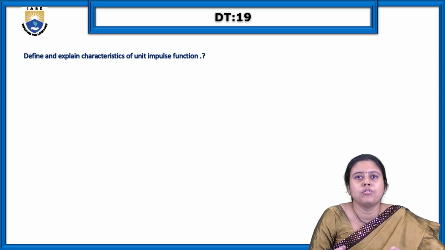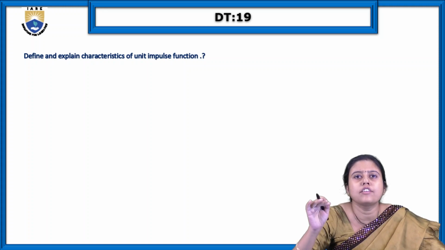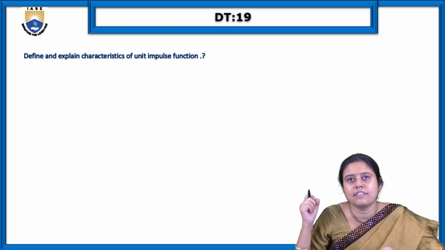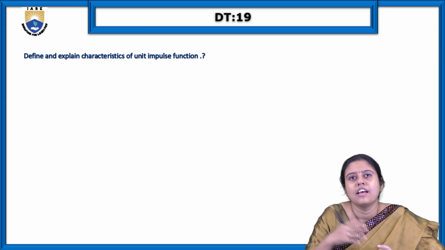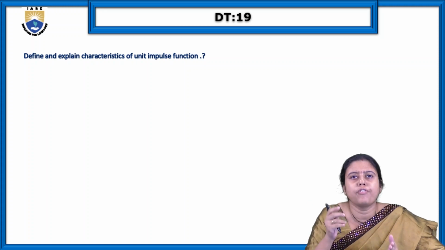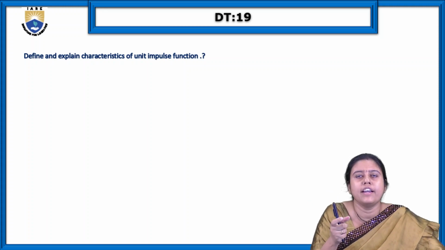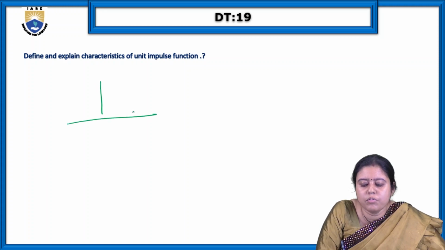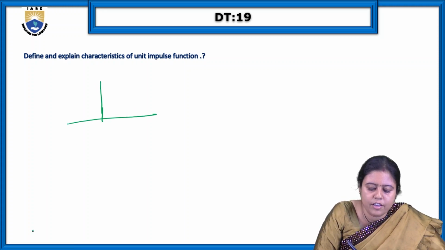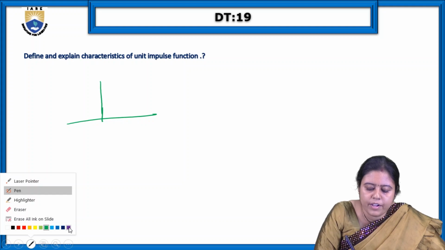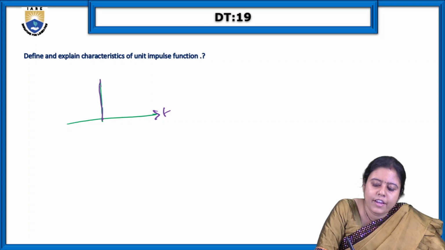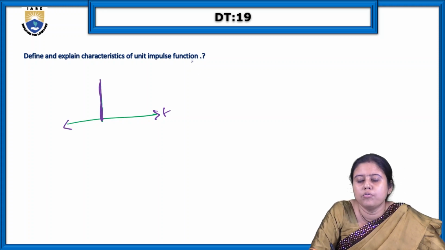What is the unit impulse? Unit impulse we know, one big force for a small time. Say Rohit Sharma is playing the ball and suddenly he hits a 6. So what will happen? A big force for a small time. This is called a unit impulse. If we want to draw the unit impulse, we get one big value for a moment and other values are 0.